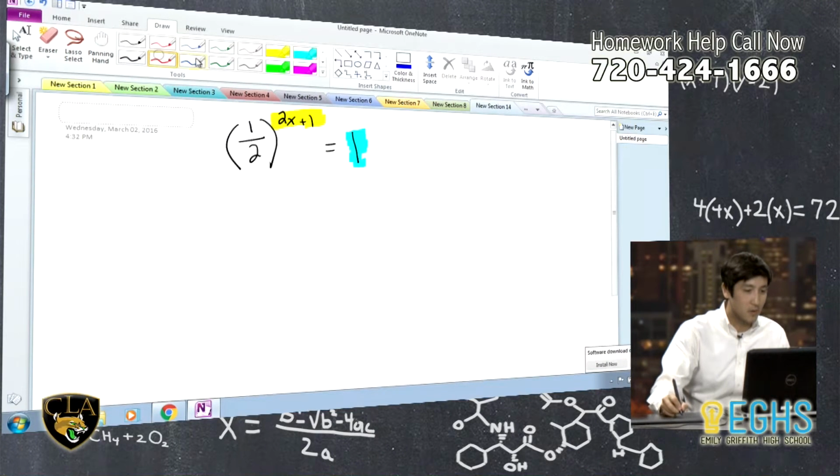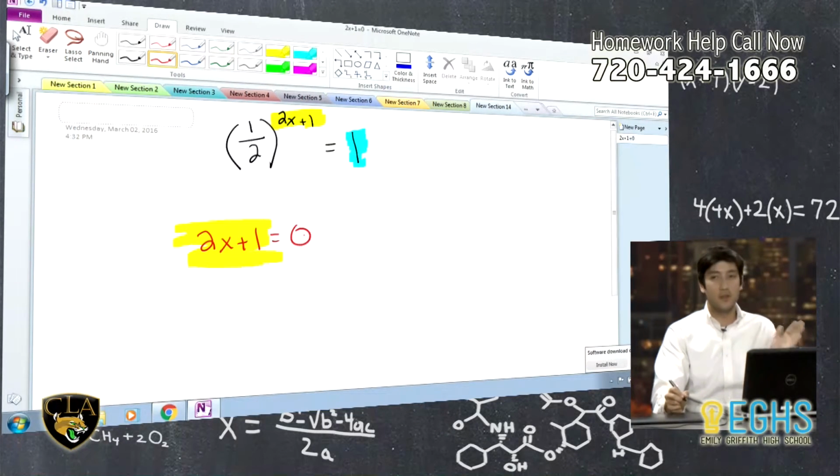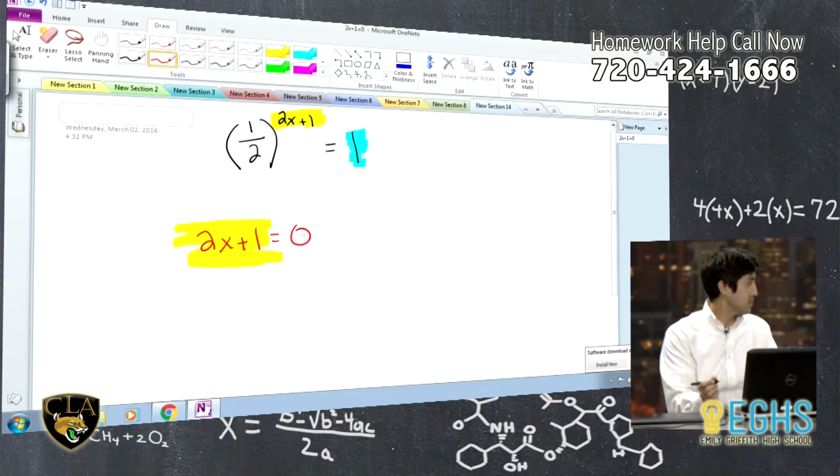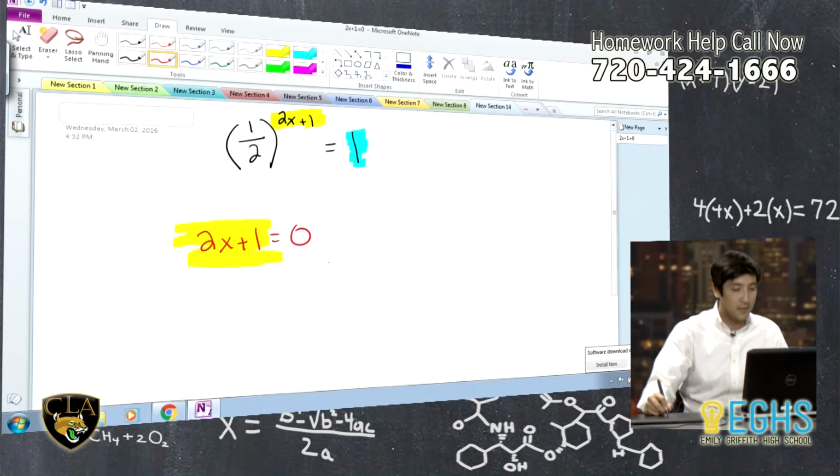Look, anything to the power of 0 is 1, so if this up here that I highlighted in yellow is 0, we can write an equation and say, if 2x plus 1 equals 0, then it doesn't matter what the base is, it's going to be 1. Then we can simply solve and say 2x equals -1.